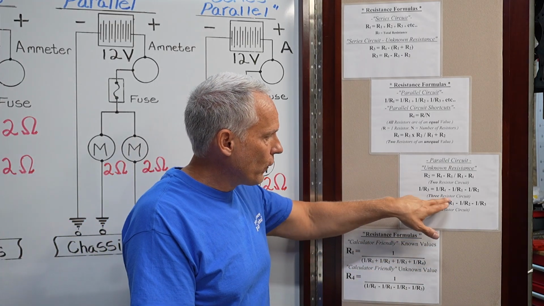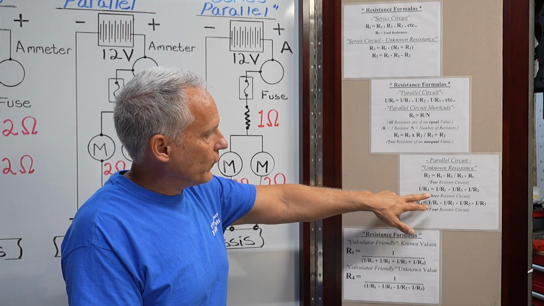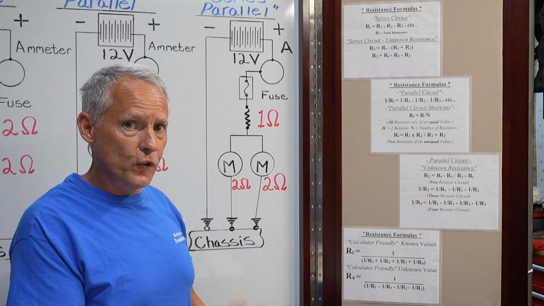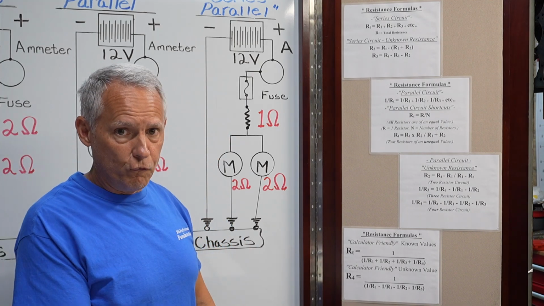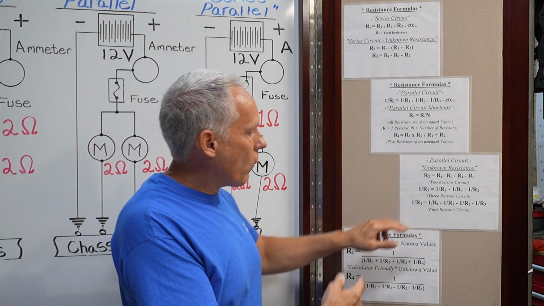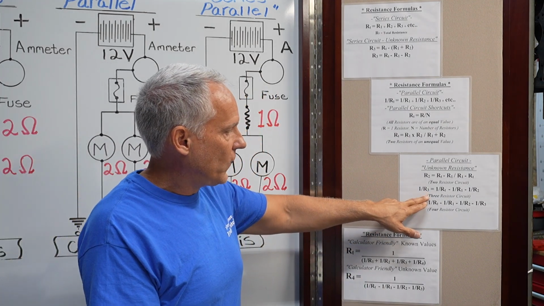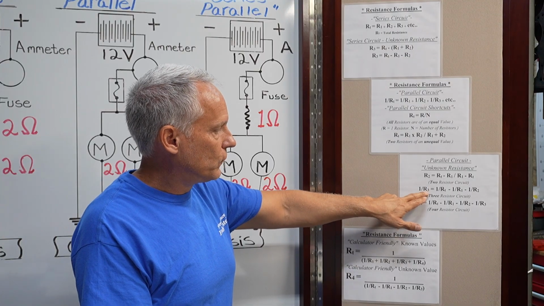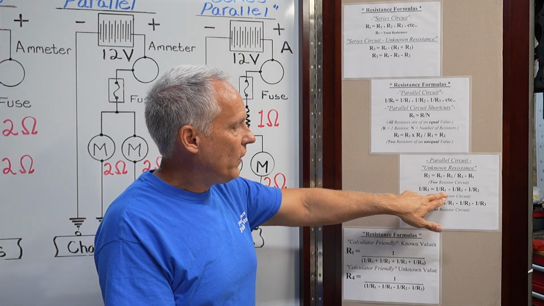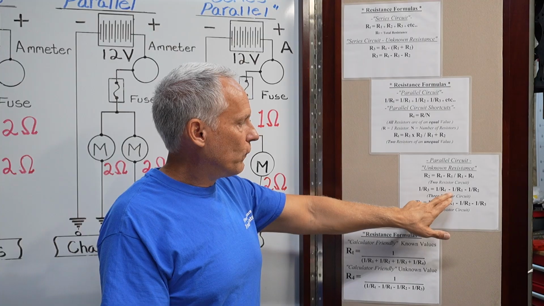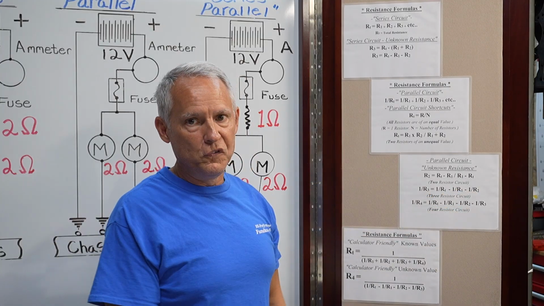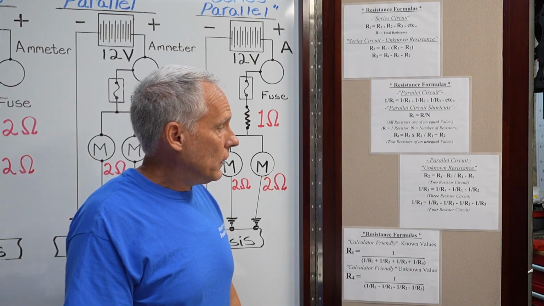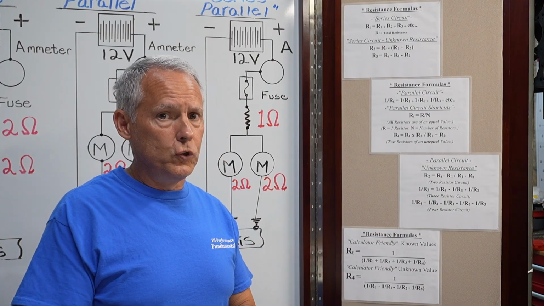So in a 3 resistor circuit, for example, let's say you want to find the value for resistor number 3. It's unknown. You would take 1 divided by resistor number 3, which equals 1 divided by the total resistance, minus 1 divided by the resistance of number 1, minus 1 divided by the resistance of number 2. Like I said, these are what they call shortcuts.